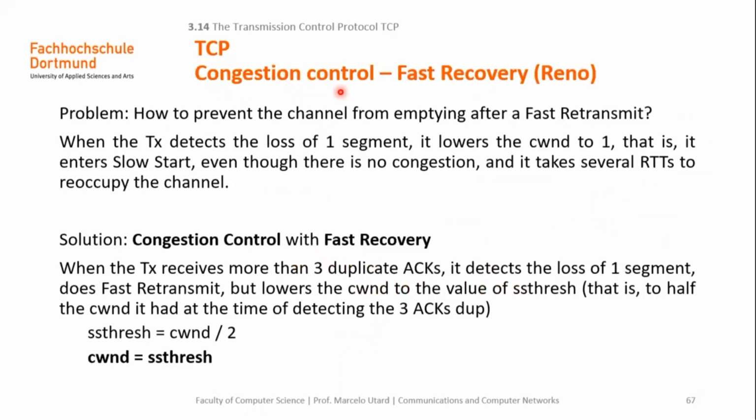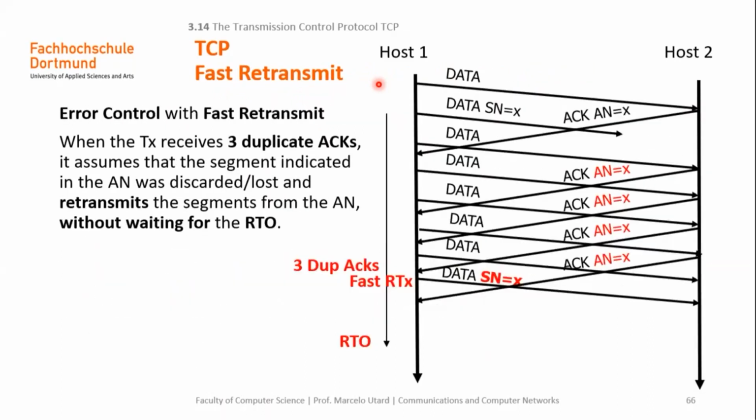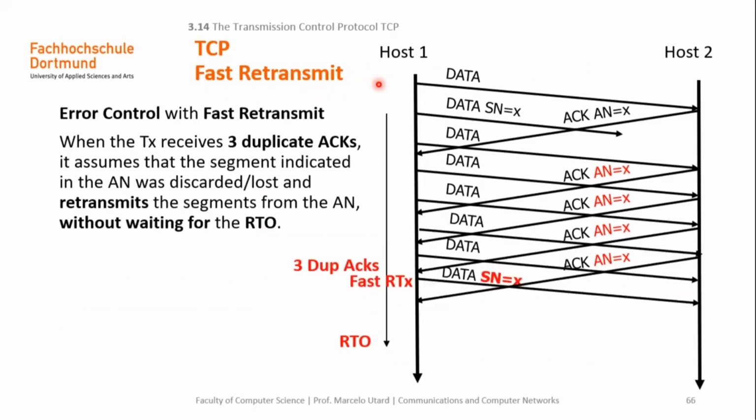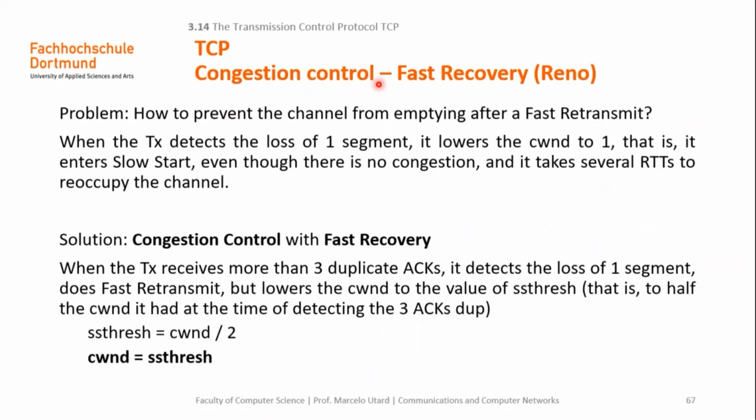In the case of congestion control, remember fast retransmit is related with error control. And fast recovery is related with congestion control. Then, which is the problem? The problem is how to prevent the channel from emptying after a fast retransmit. The idea is we need to use optimally the bandwidth of the channel.